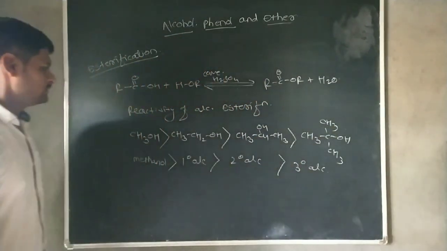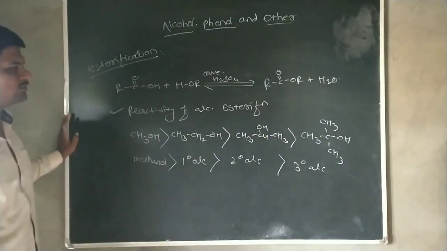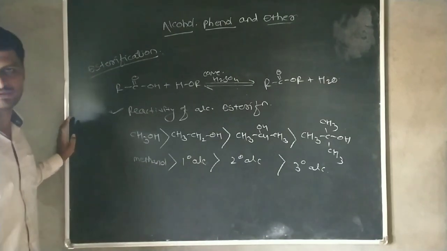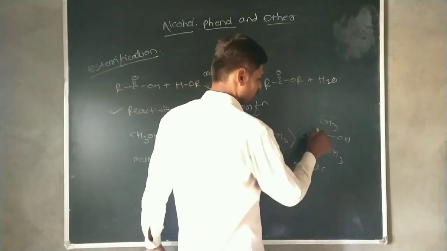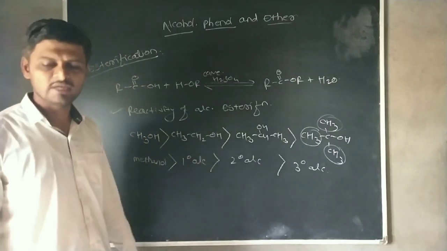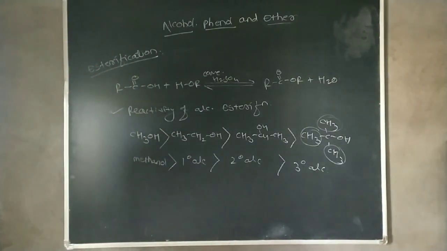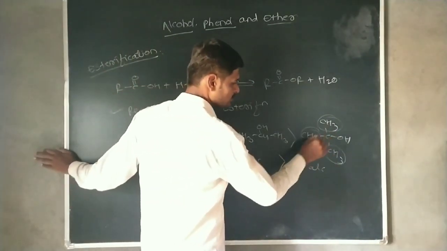The reactivity of alcohol totally depends on how many alkyl groups are attached to the carbon atom. If the number of alkyl groups goes on increasing in an alcohol, then steric hindrance of bulky groups is formed.